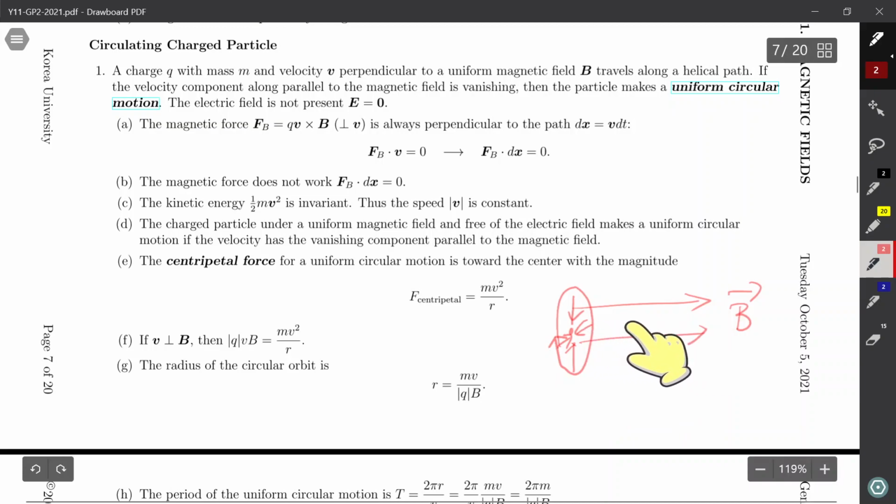In addition, if the observer can move with respect to this circular orbit, then in general it becomes a helical motion.